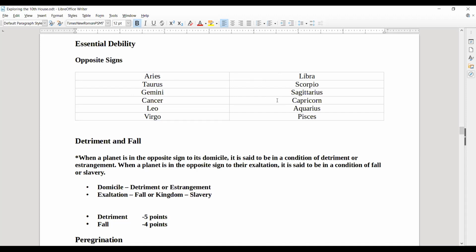That makes Capricorn his fall. The sun is in his domicile in Leo. That makes Aquarius his detriment. And then Mercury is domicile and exaltation in Virgo, which means he's detriment and fall in Pisces. Okay, so that's how we come to what is detriment and fall.